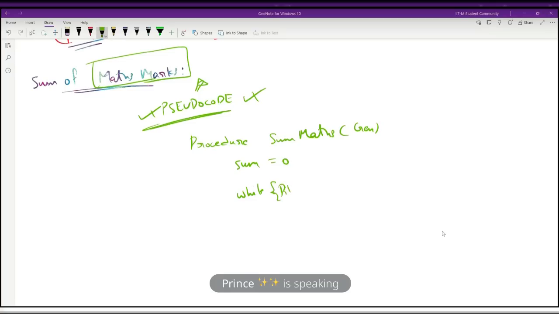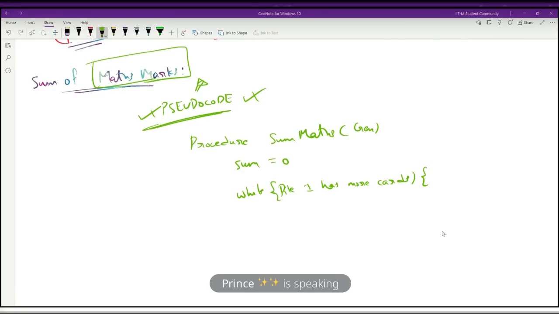While pile 1 has more cards. Yes, you are right. We can only read a card if there are cards present in pile 1. If there are no cards left in pile 1, then we cannot read any card, so we exit the process. Am I clear?